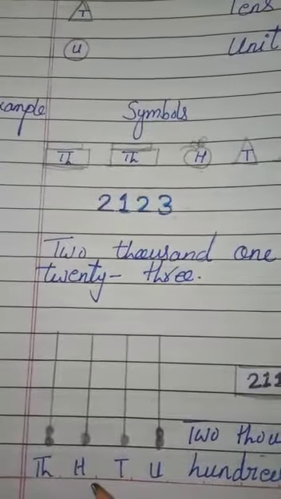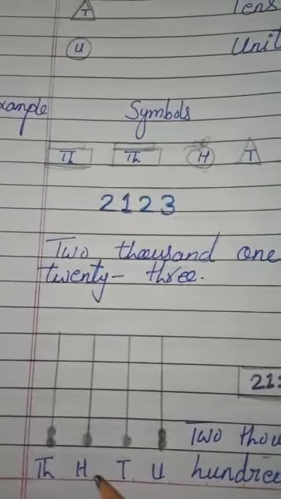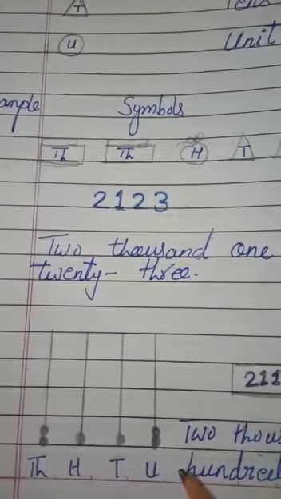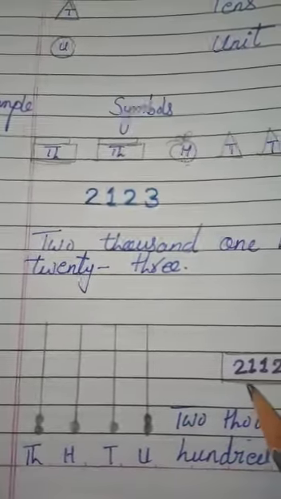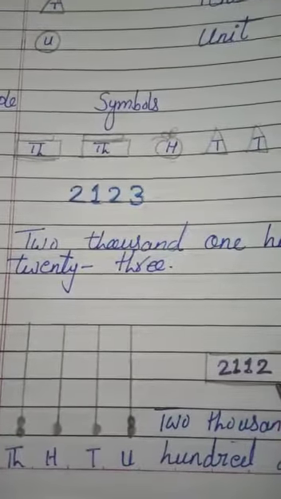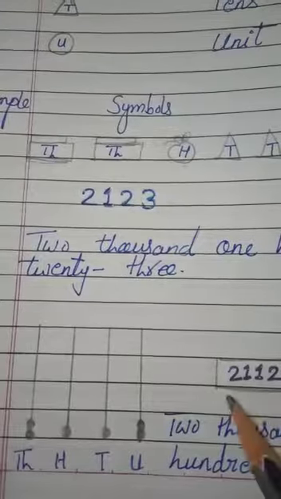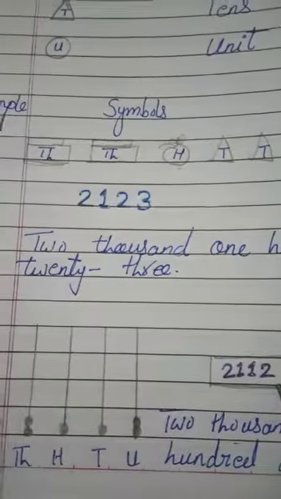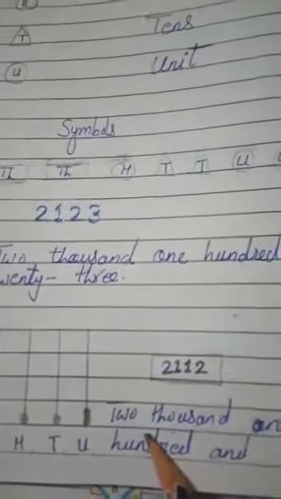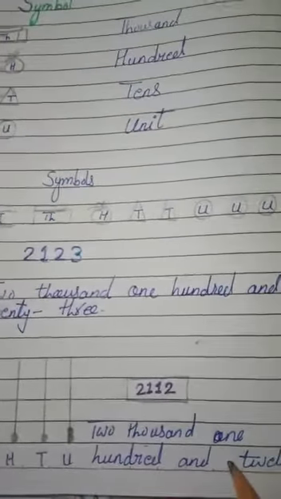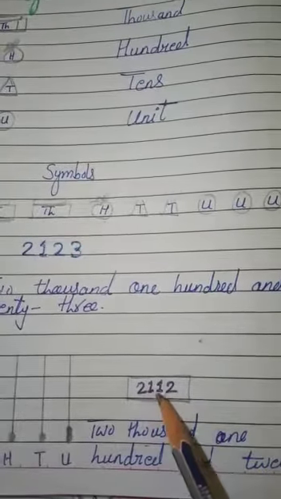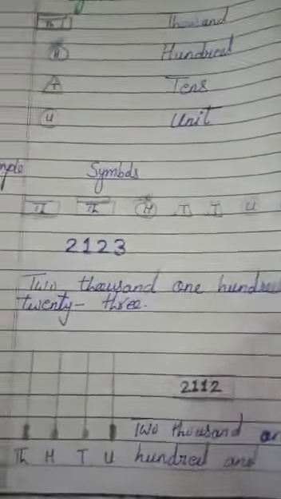Hundred place only 1. Tens place 1. And unit place, how many dots? 2. It means the number form is 2112, and it is read as 2112. Getting?